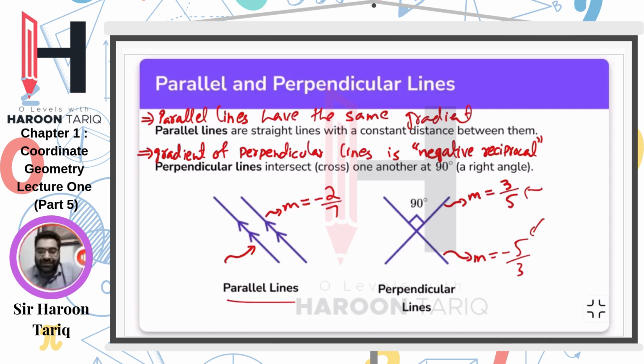Parallel lines have the same gradient. I was discussing these parallel lines. So the gradient would be the same, minus 2 by 7. Right? So do you understand the concept of parallel and perpendicular? Parallel lines, same gradient. Perpendicular lines, negative reciprocal. Change the sign, take reciprocal. Just swap the numerator and denominator. Any doubts here? Any doubts?